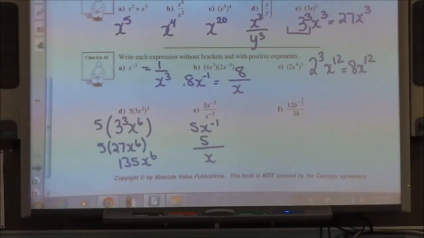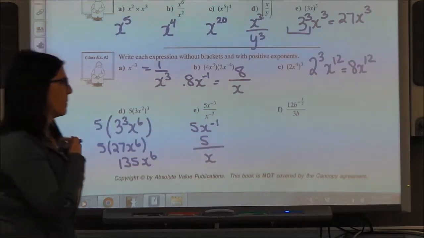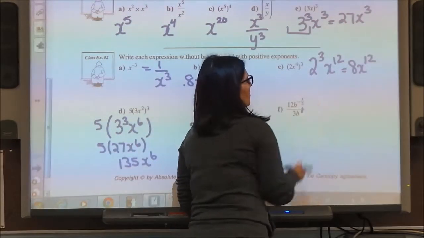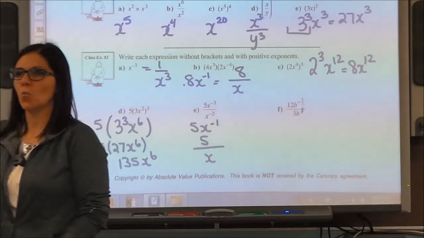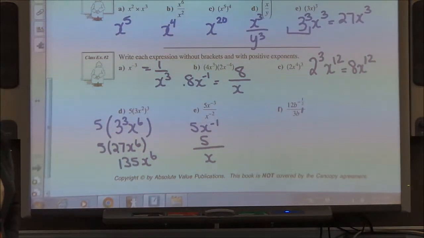Okay, what about F? Well, 3b's going to have an exponent of 1, so you just subtract them. Yep. Okay, so if I go -1/2 minus 1, what do I get?